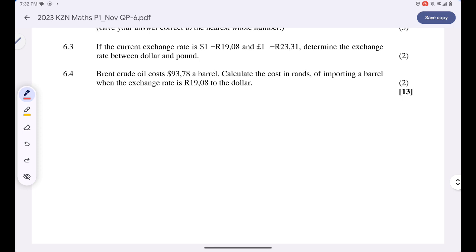I know that $1 is equal to 19 rand 8 cents, and 1 pound is equal to 23 rands 31 cents. So I want to know how I can relate the dollar and the pound.